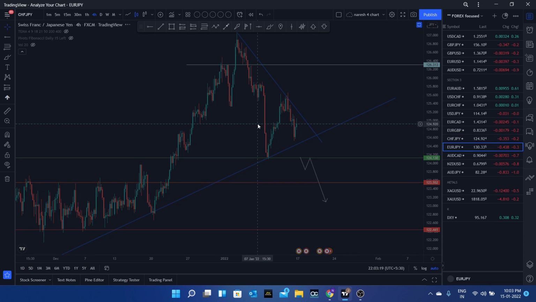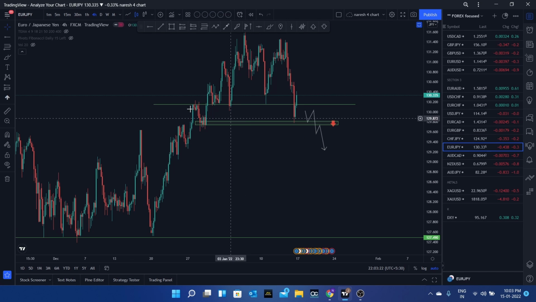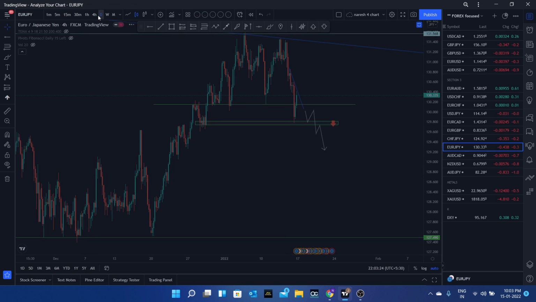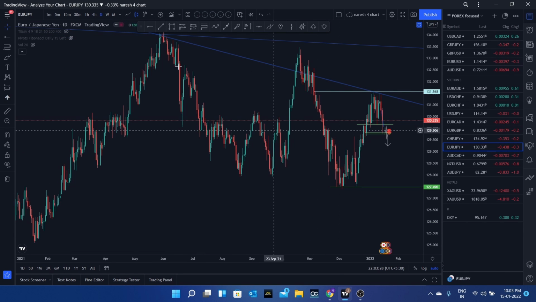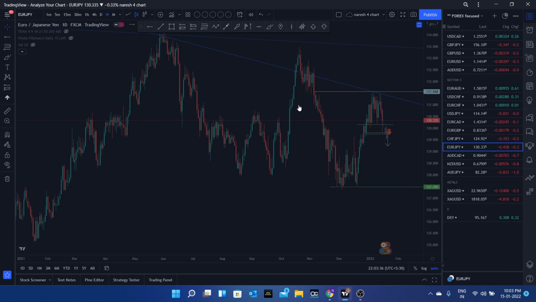So next pair will be GBP, and we can see it is in a downtrend, and it is forming lower low, lower low, and higher low, and you can see the trend line here.